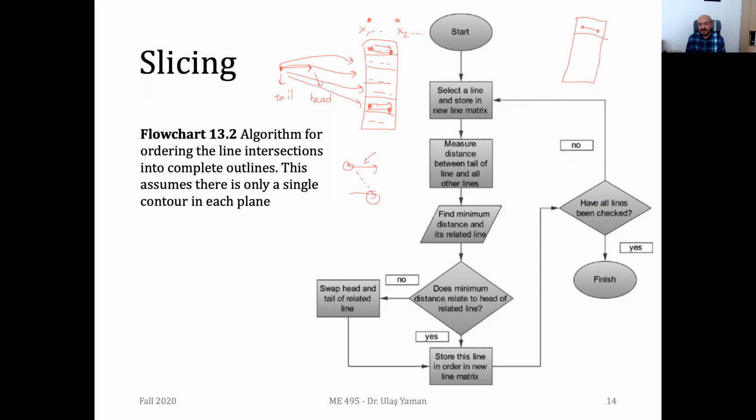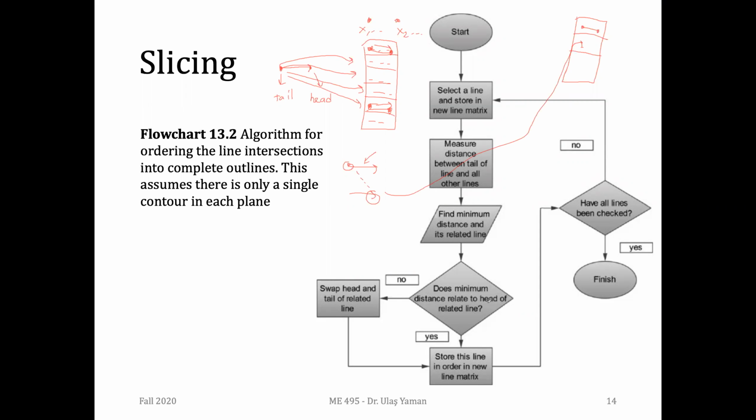By doing some proper swapping operations, you should check whether the head of the new line segment is matching the tail of our corresponding line segment. If they have a gap of 0, then you can simply say that they should be connected to each other, and you should store it into the new list as the next item.